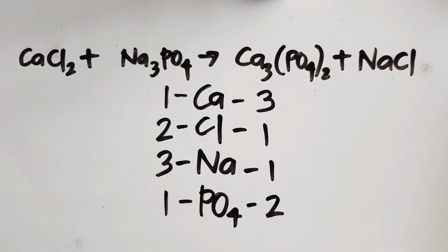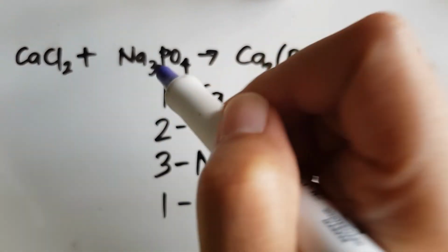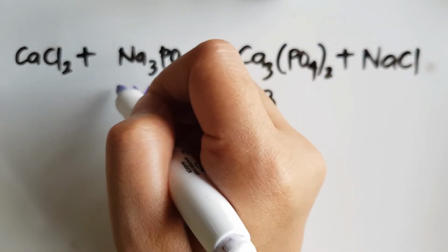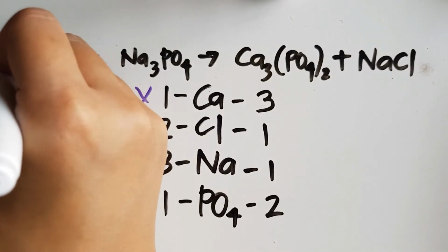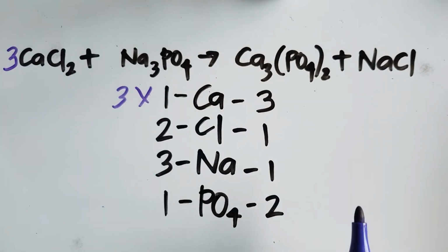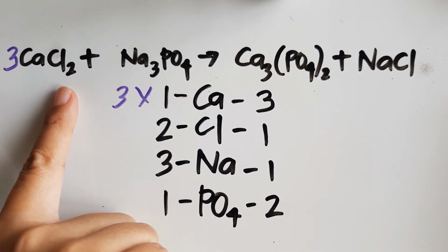Next, calcium, I need to balance it. I need to multiply left side by 3. Look for calcium on the left and put a coefficient of 3. By doing this, I'm also changing the number of chlorine atoms.